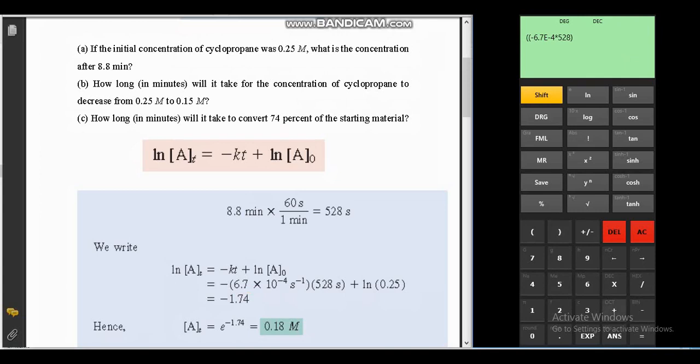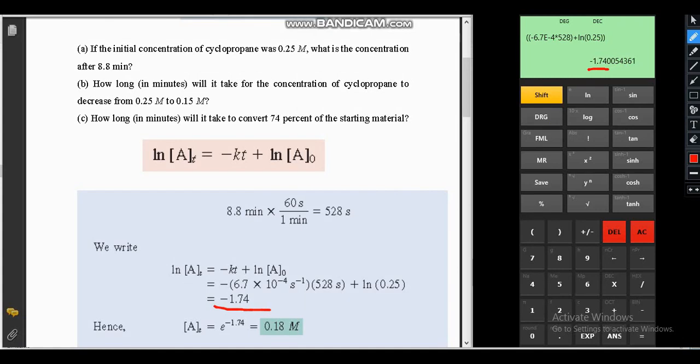Then we add this to the natural log of 0.25, close bracket. After we punch the equal sign, we find that the value on this side is negative 1.74.